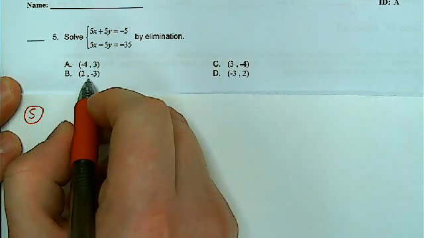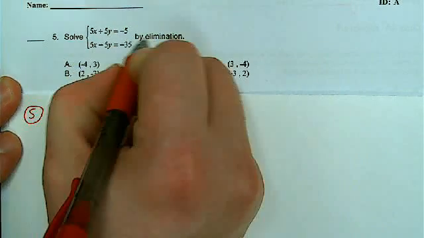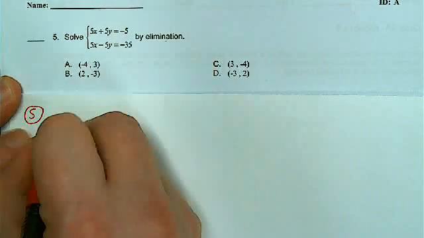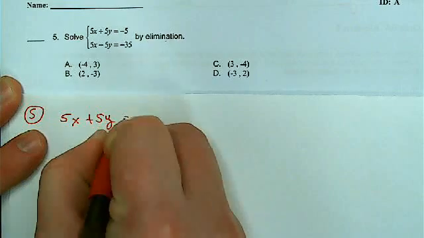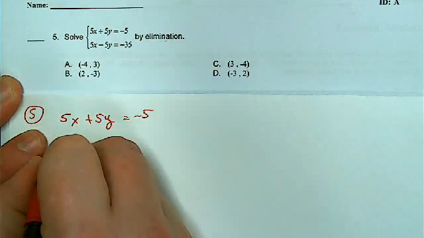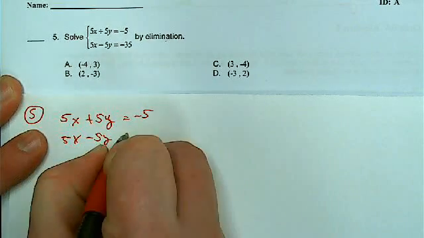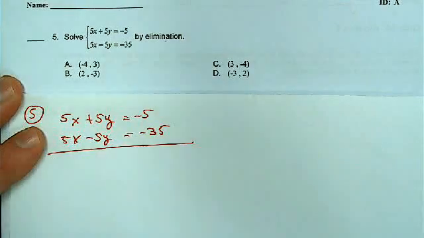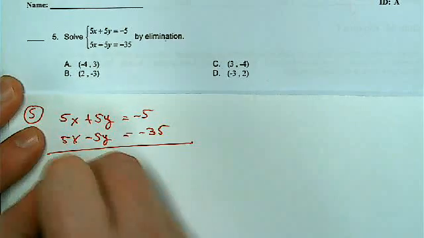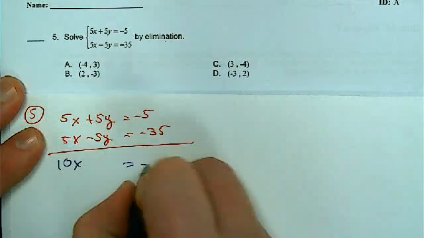Now it says by elimination, so I'm going to be squishing these down. I'm going to write the equations down again. 5x plus 5y is -5. 5x minus 5y is -35. So when I squish, I get 10x. The y's drop, and I get -40.